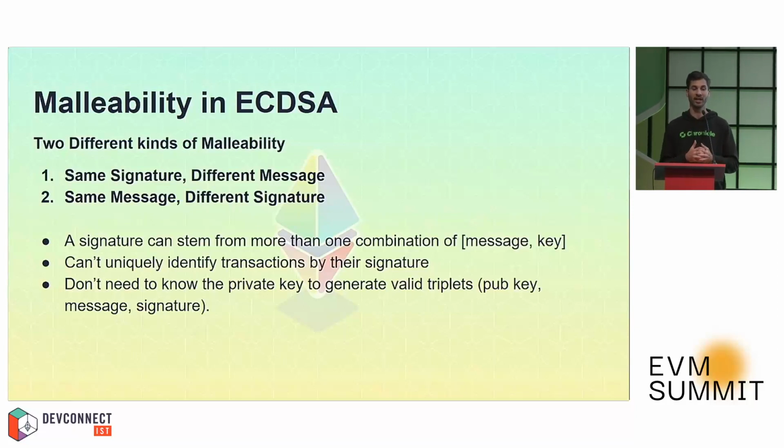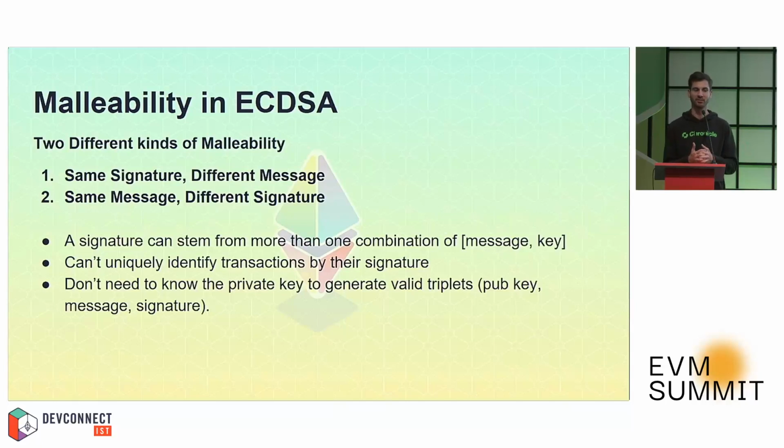You could have the same signature generated by a different combination of a key and a message. Another permutation is that you could have a different signature for the same message. And so these are properties that reduce the level of security that ECDSA provides.